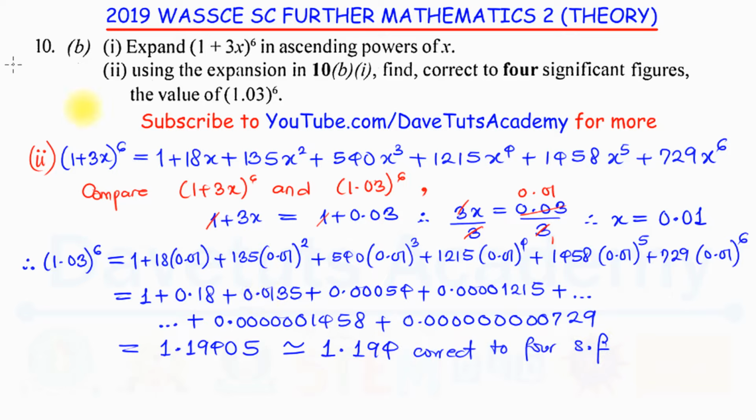This is the solution to this question, and we're able to find it because we successfully carried out our binomial expansion. More importantly, we also compared to get the value of x as 0.01, not 0.3, and with that we've been able to solve this question on binomial expansion.